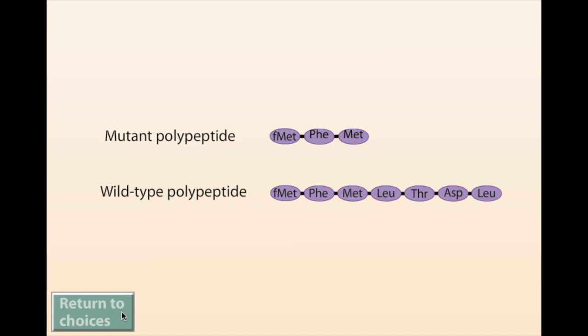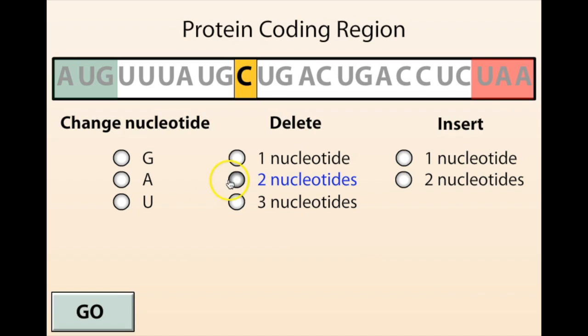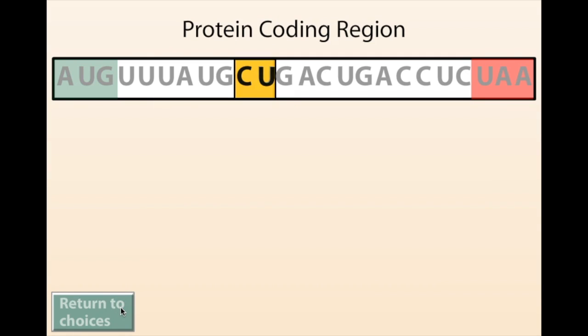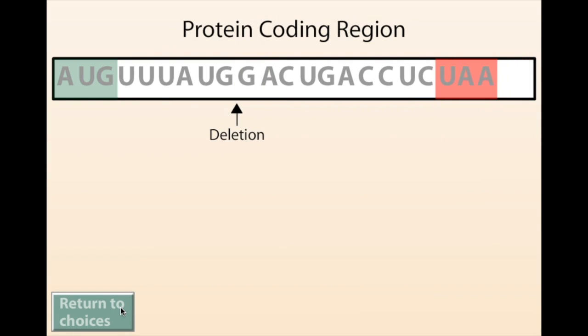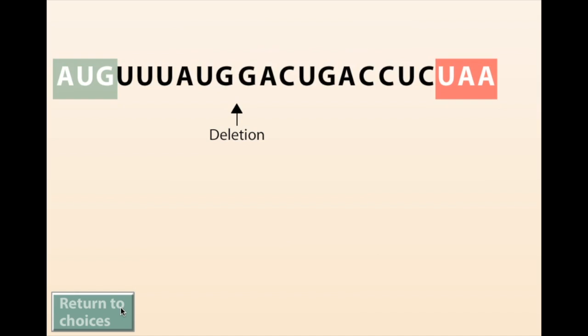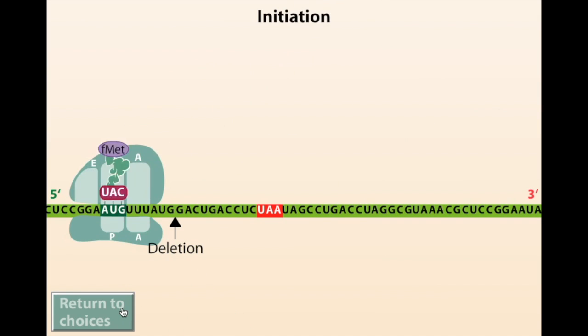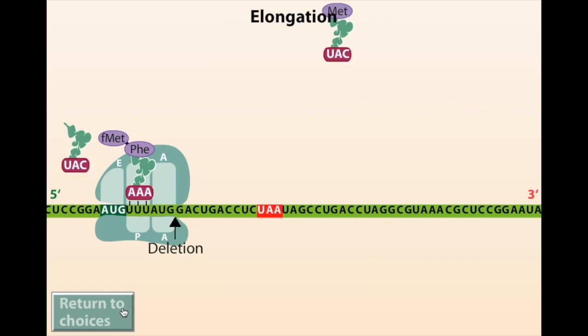So you have a premature stop that is formed. Let's delete 2. In this example, the deletion of 2 nucleotides results in a new reading frame that introduces one mutant amino acid and shortens the polypeptide.